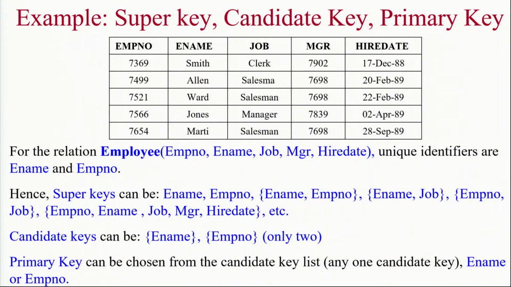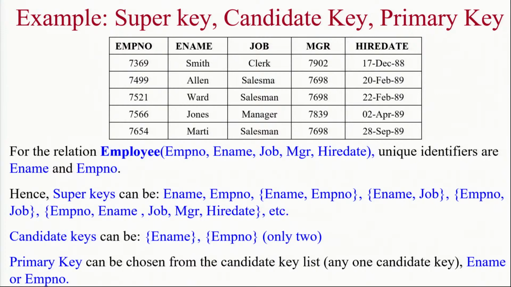Look at this example. There are many super keys. What is the minimal super key? The super key with minimum number of attributes. In this case, there are two super keys which have only one attribute in themselves, and therefore the candidate key cannot have more than one attribute.